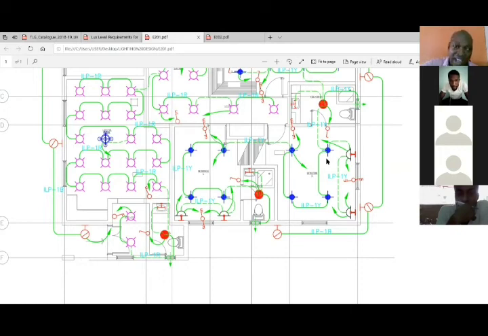Now, the same formula. Take our lamp design lumen to be 1250. Let's see what we have. Quickly.